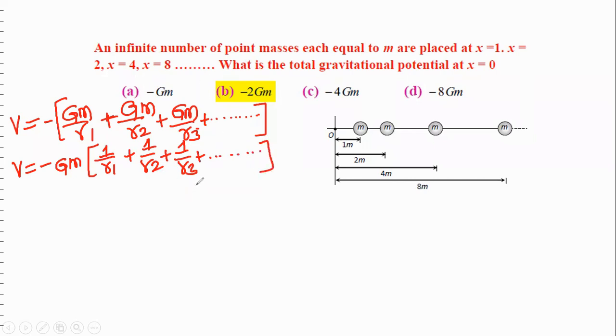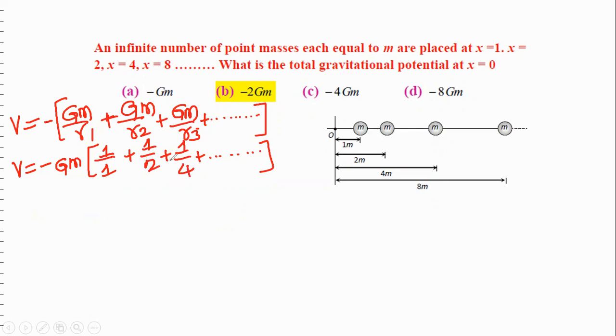What is the distance? The distances are taken as 1 meter, 2 meters, 4 meters, 8 meters. It will be 1 by 1, 1 by 2, 1 by 4, and so on.